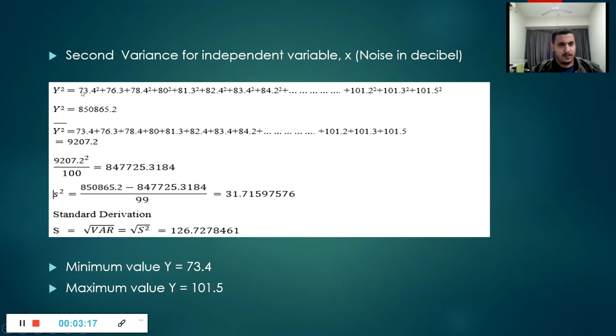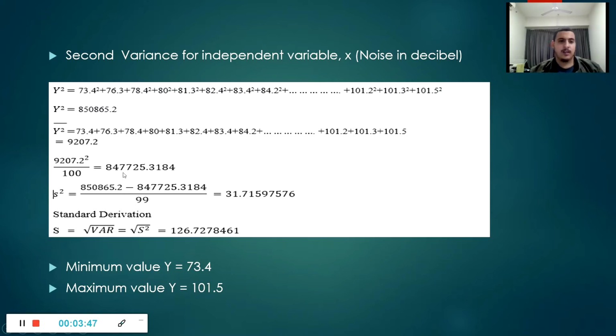So it has the same steps. We will square each data, then sum all the data. We will get 850805.2. Then we have to find the total value of summing all values, which we will get 9207.2.